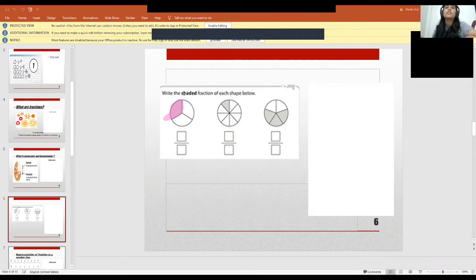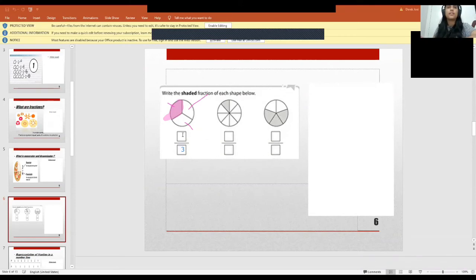So they asked for the shaded fraction. How many parts are there totally? You have 1, 2, and 3. I told you to write in the denominator the total number of equal pieces you have. So over here you have 3, right?